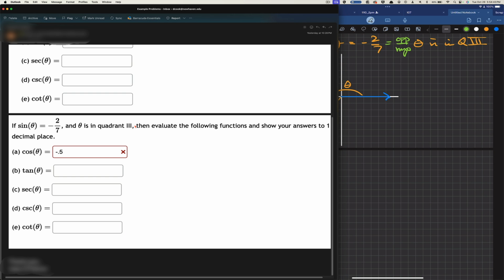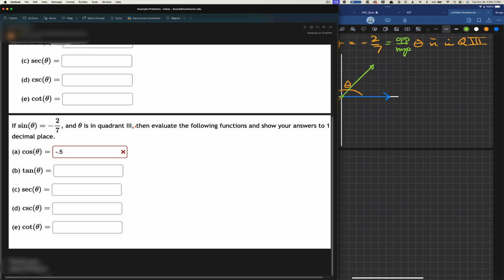The hypotenuse will never have a negative dimension. Never. Technically, in polar coordinates, when I have rays extending from the origin, a negative distance would be in the opposite direction like this.